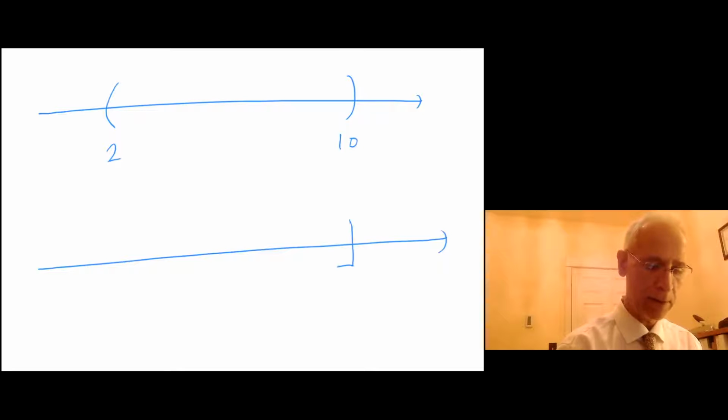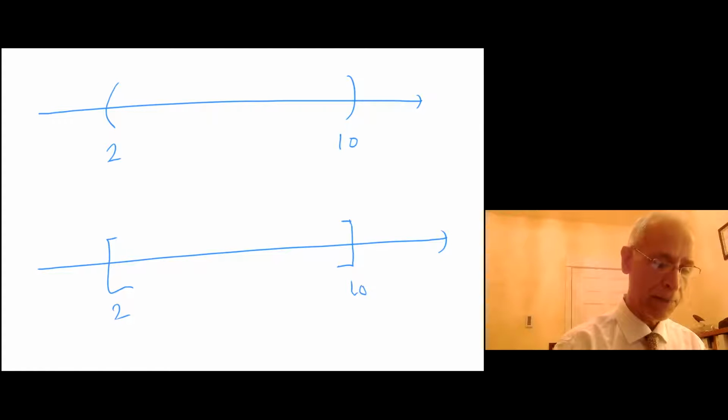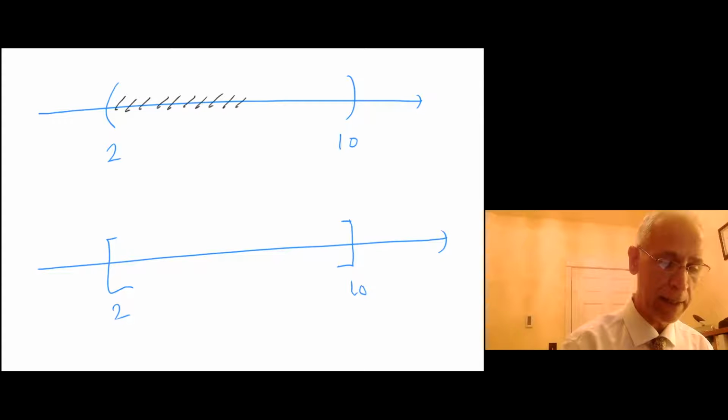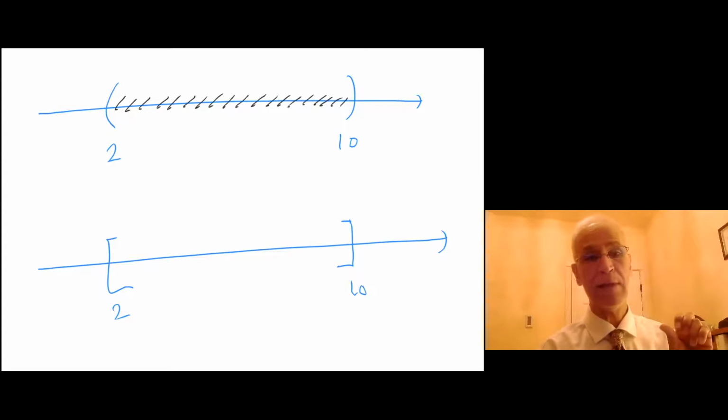X is between 2 and 10, and what's the difference? In the first one, we have every value between 2 and 10, but 2 itself is not included, and 10 itself is not included.